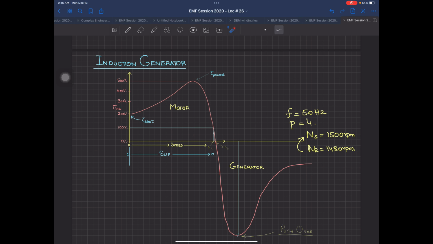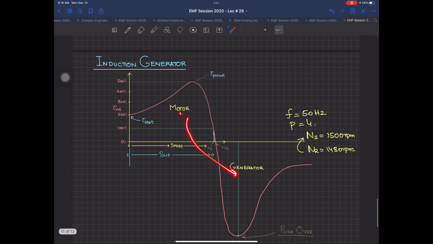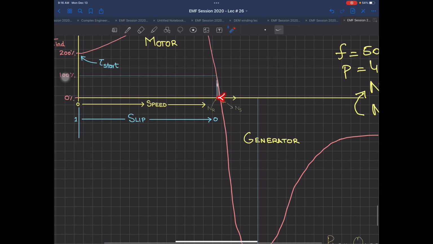So now in that case, your residual magnetism, which was already there when it was a motor, makes it into a generator over there. And in induction generator, this speed variation is very, very important. And in this speed variation, your wind has to flow.